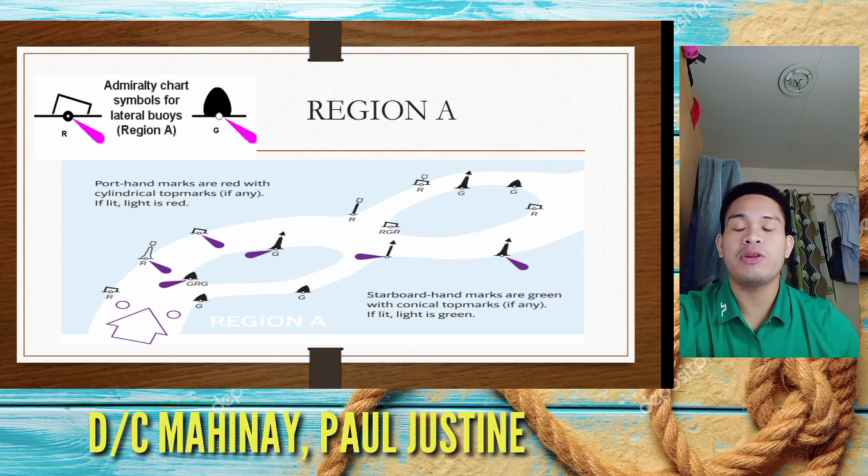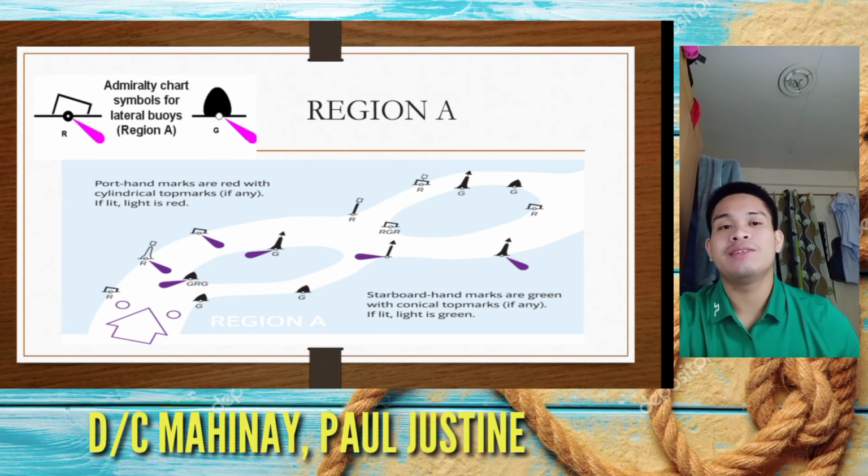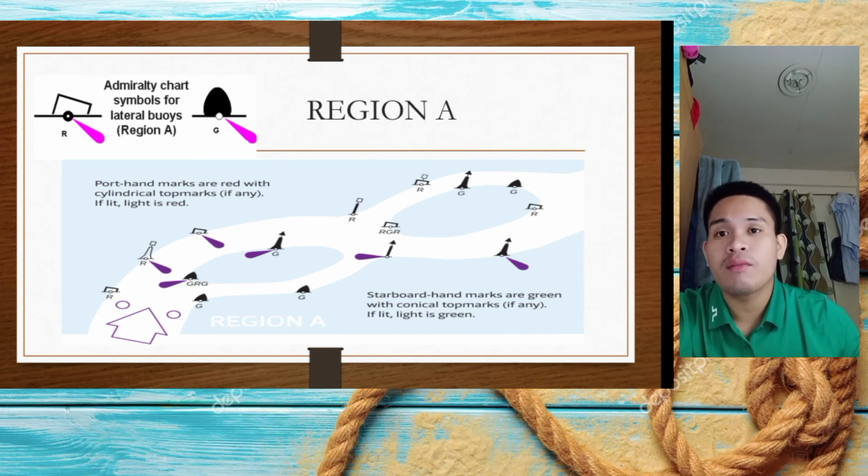On the port hand, the marks are red with cylindrical top marks, and if there is a light, the light is red. You can see the R, that is the red, on the port side, and the green buoy on the starboard side.